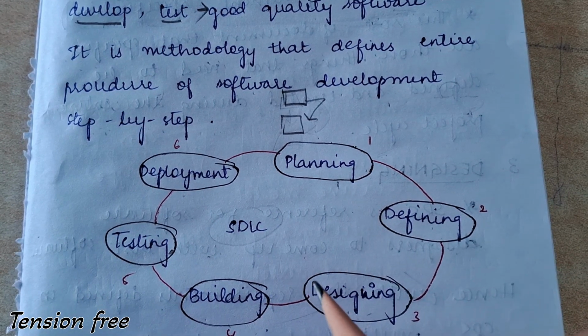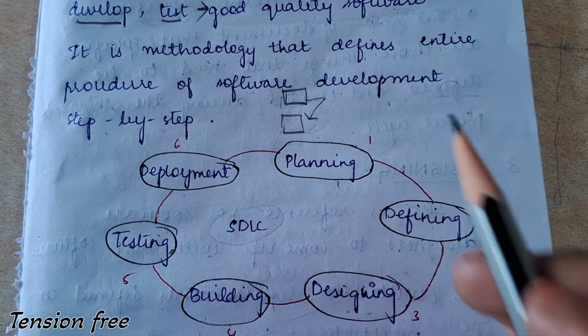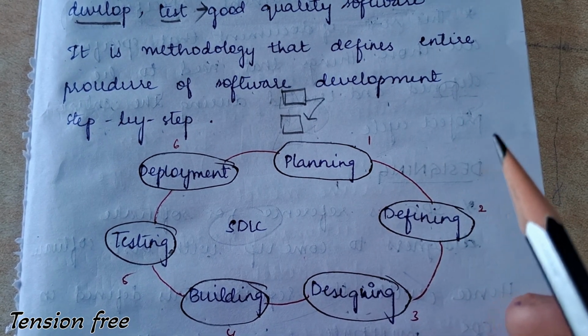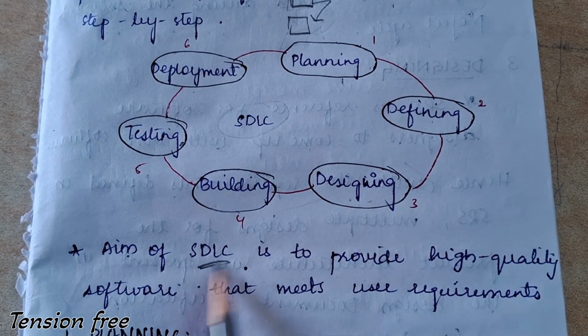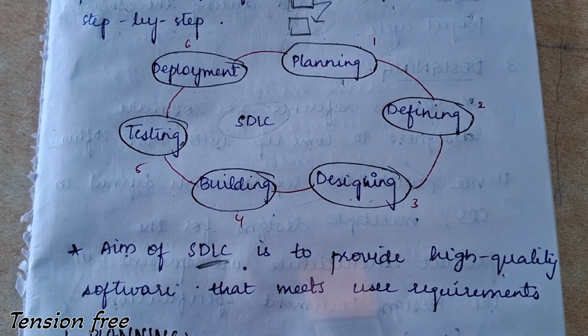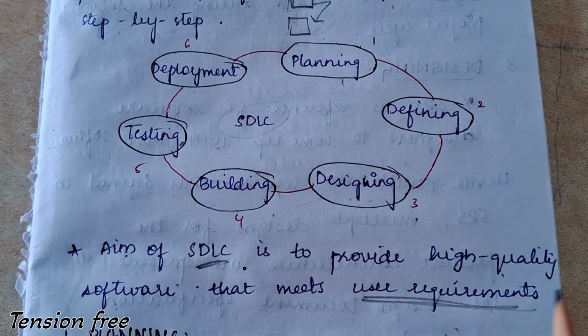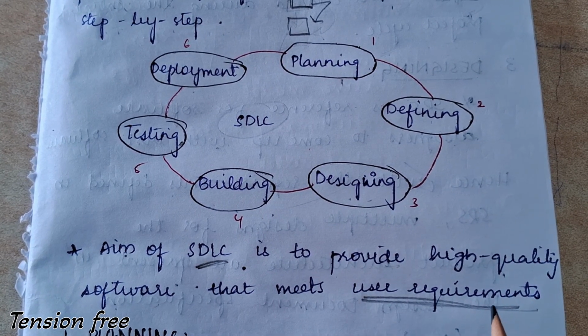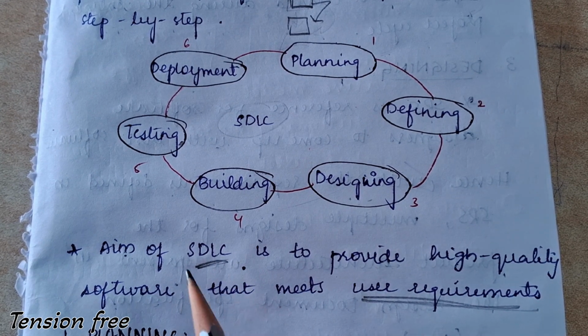The first stage is planning, right? Before going into it, what is the aim of software development? The aim of this SDLC is to provide high quality software to meet the user requirements. Whatever the user needs, this SDLC will provide the software according to the user.